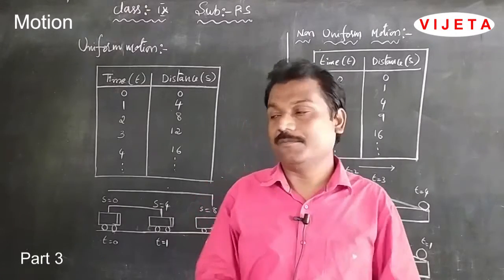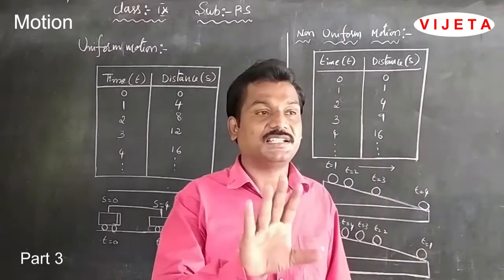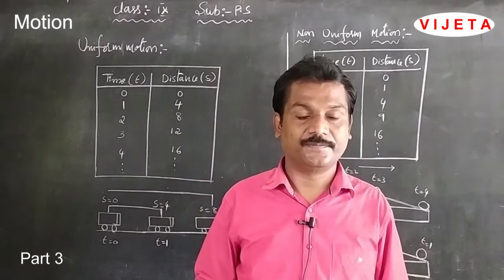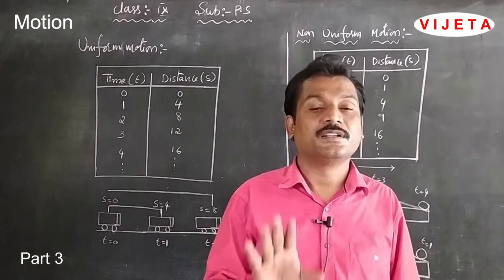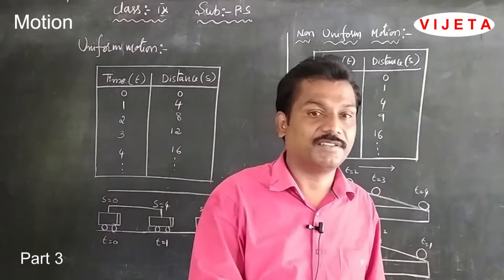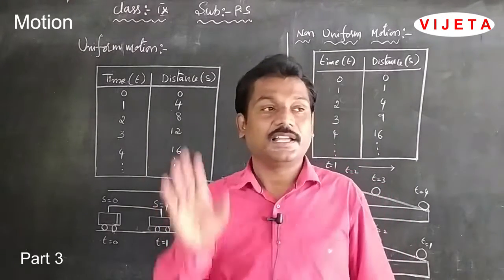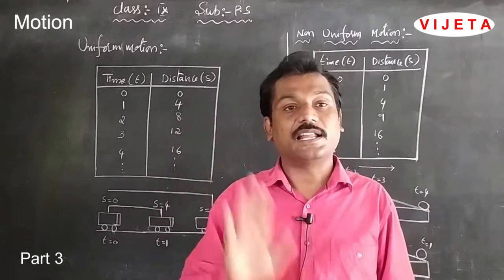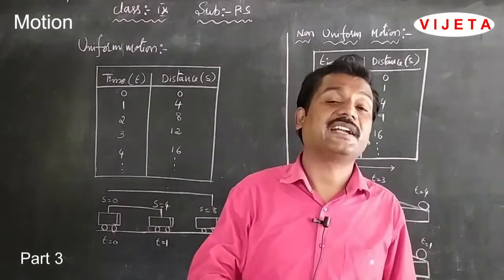That means, if you observe at any time, its velocity does not change. In a uniform motion, the body is traveling with constant velocity. That means velocity, instantaneous velocity and average velocity are all the same at any point.